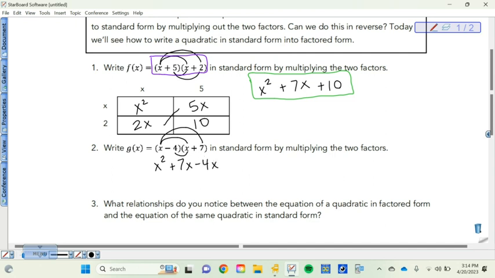And then last times last? Negative 28. Now what do we do? Combine those like terms. So what's 7x minus 4x? 3x. So now I've got x squared plus 3x minus 28. And again, I went from factored form here to standard form here.